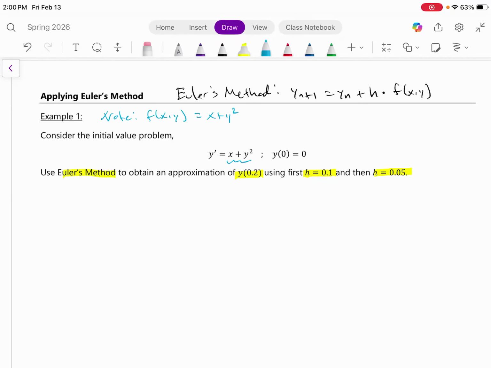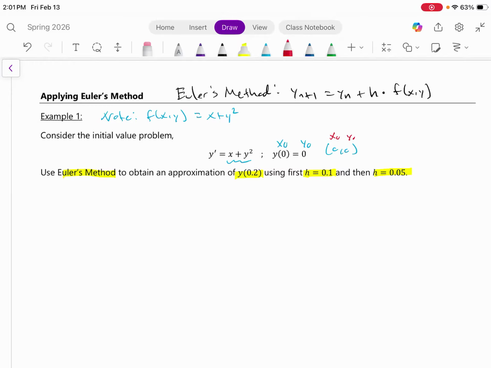And we're going to be going through approximations, step sizes, and increments. Our first point is our initial condition, so this would be x naught and y naught, the point (0, 0). That's what we're going to start with when we go through our iteration.